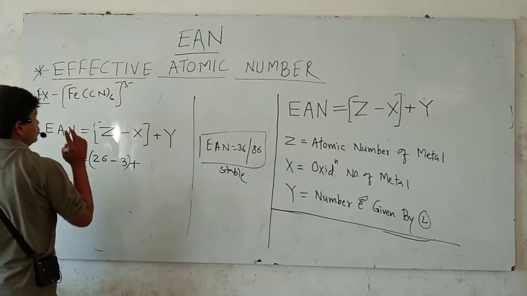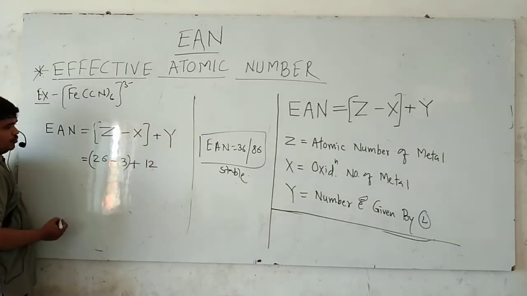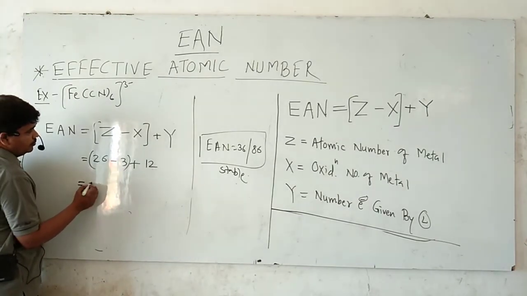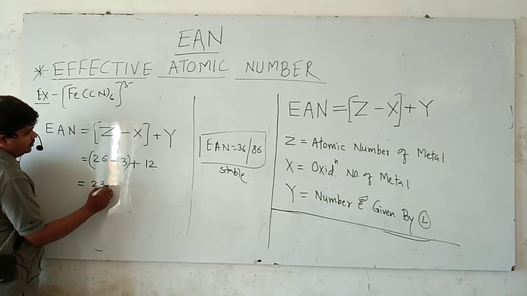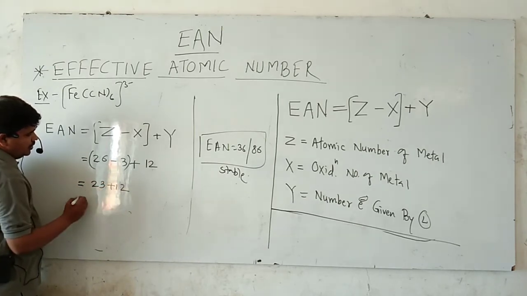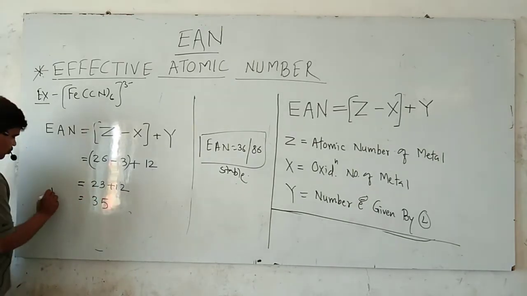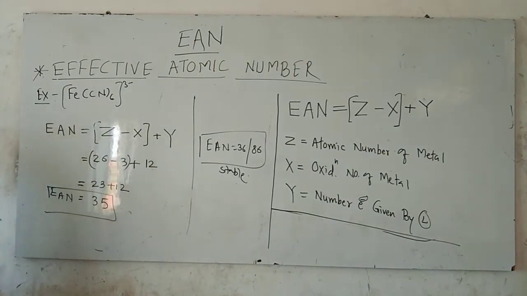Each CN gives 2 electrons, so 6 CN will give 12 electrons. Okay, so 26 minus 3, 23 plus 12, it will be 35. So EAN for this complex is equal to 35.